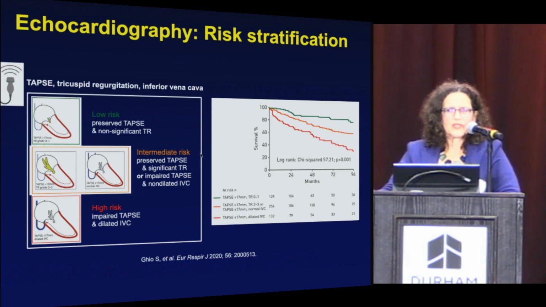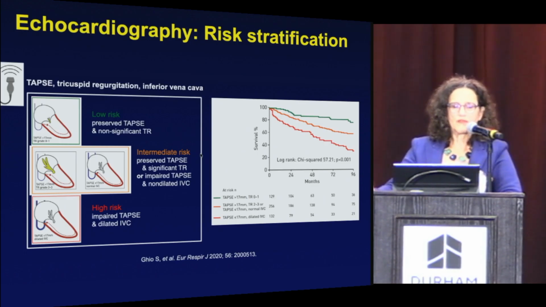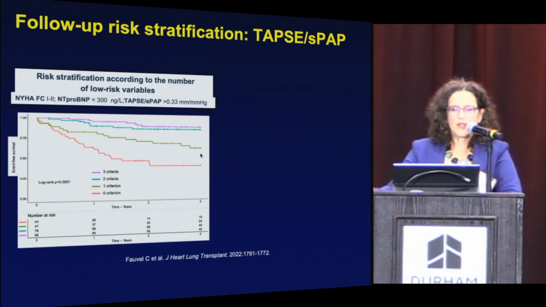One of the things that's really important that's not really well studied is how much TR they have. And so in this study, they found that patients with a good TAPSE and non-significant TR had the best prognosis of all, and patients with an impaired TAPSE and a dilated IVC, which reflects right heart failure, had a worse prognosis. So there's starting to be some emerging data on echo.